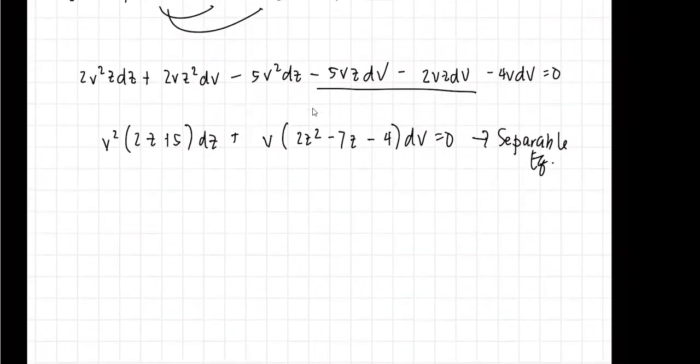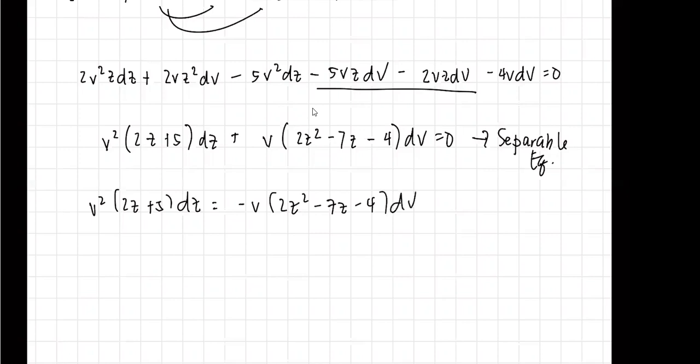So simplify natin. We have v squared 2z plus 5 dz is equals to negative v 2z squared minus 7z minus 4 dv. So dito, divide natin v squared. Sa kabila, divide natin 2z squared minus 7z minus 4.